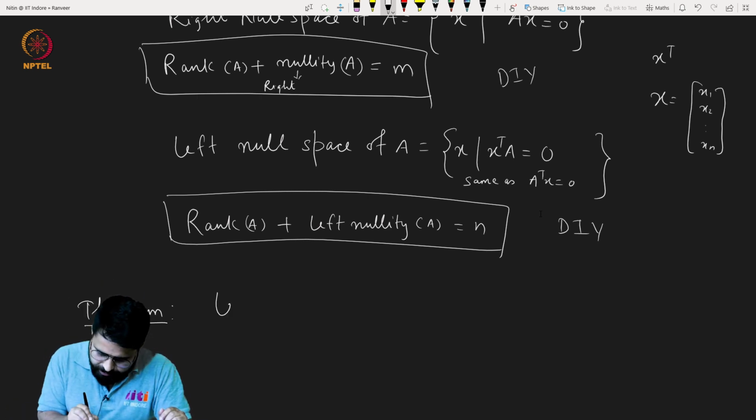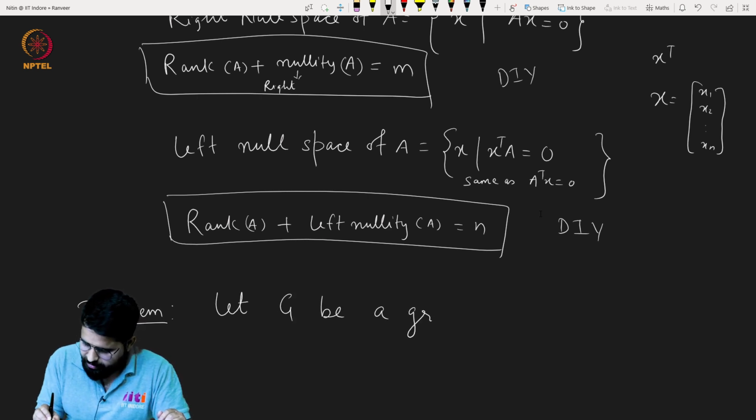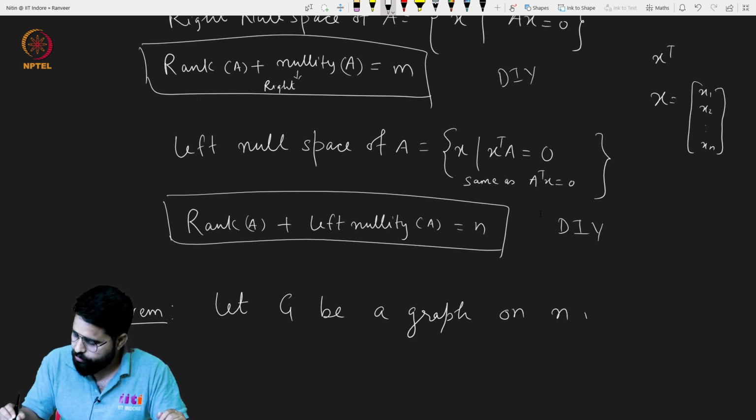Let G be a graph on n nodes or n vertices.